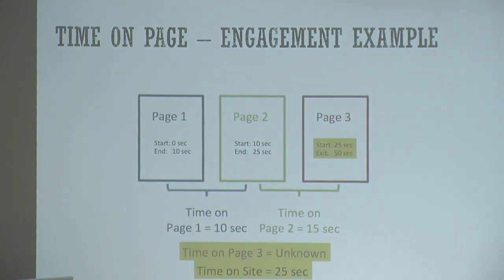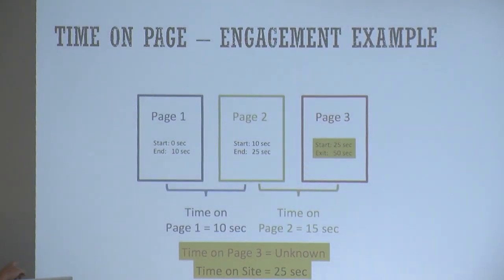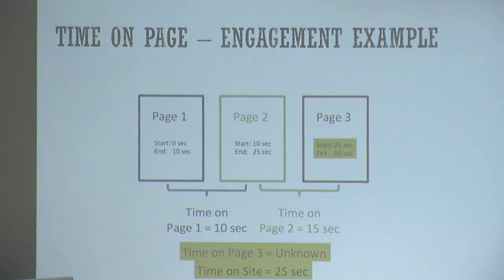But because there's no event happening that lets Google Analytics know they exited the site, for the time on page 3, you have no idea. It's 0 within the analytics. And your time on site is only 25 seconds because the last hit it sees is the start of page 3. So depending on the last page somebody exits from, if it's a long article, if it has a lot of engagement points, you're missing out on so much information.